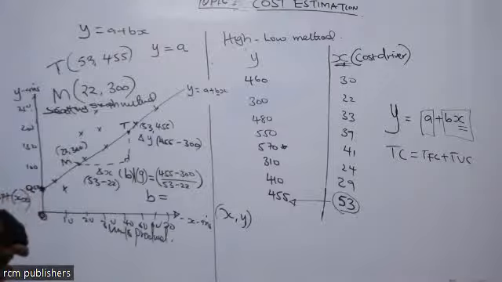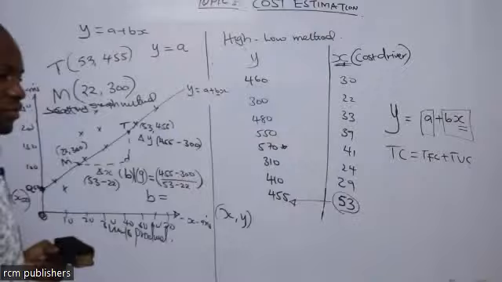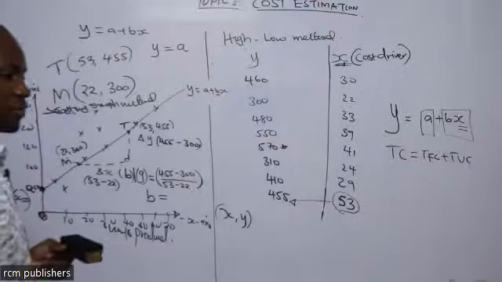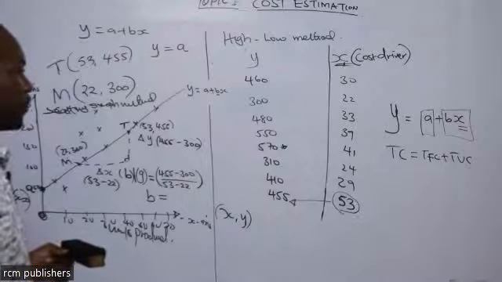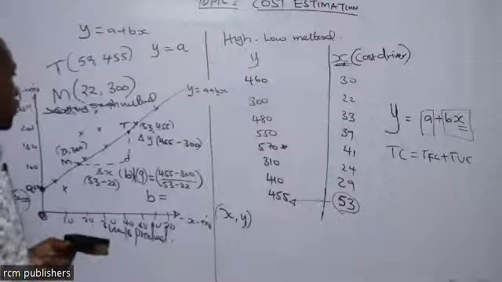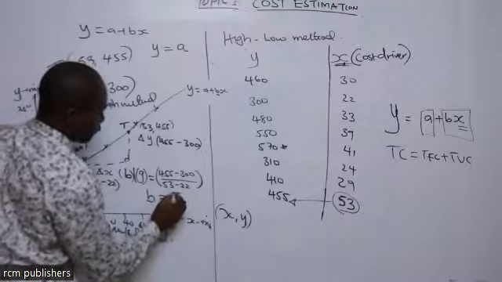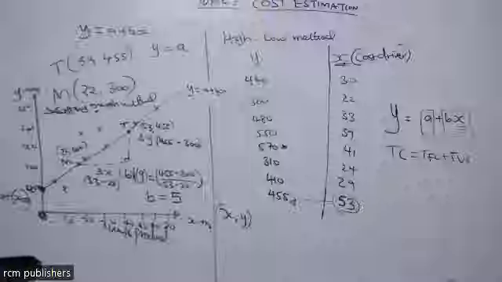So somebody get us the value of b. So the value of b is 5. The value of b is equivalent to 5.